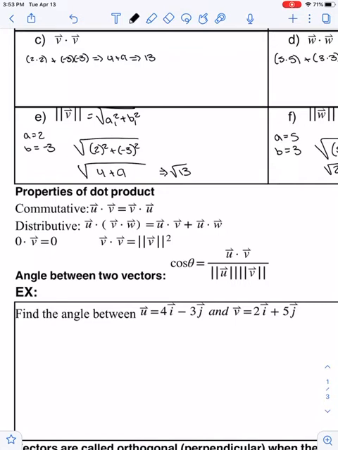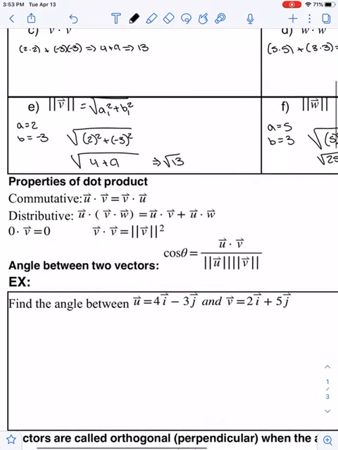And then we also have these other properties that we can go and use. And then the angle between two vectors we can find using this formula. So we are going to find the angle between u and v given.